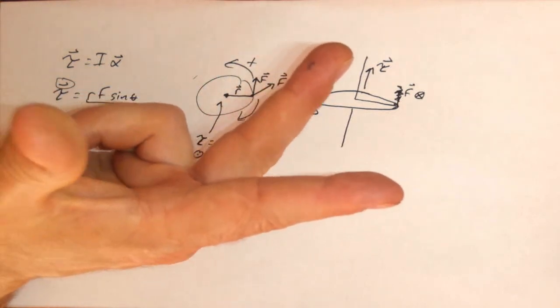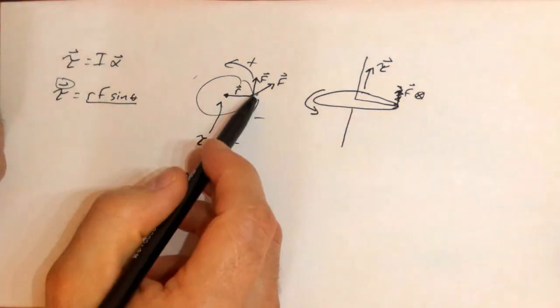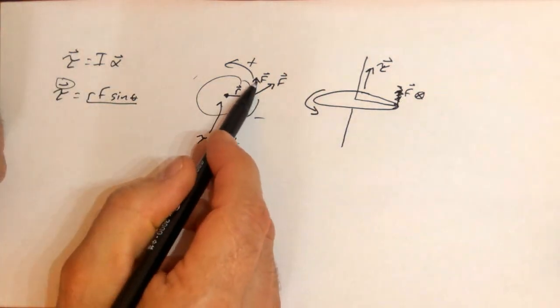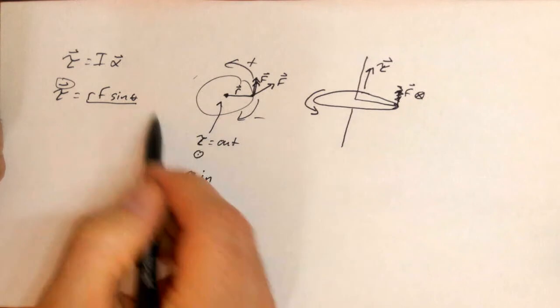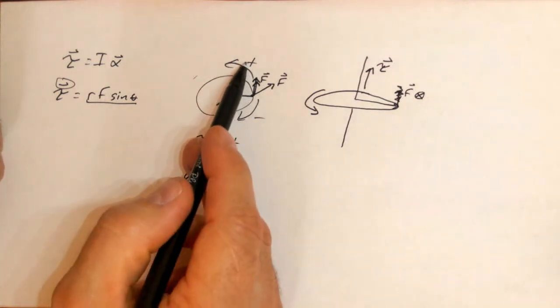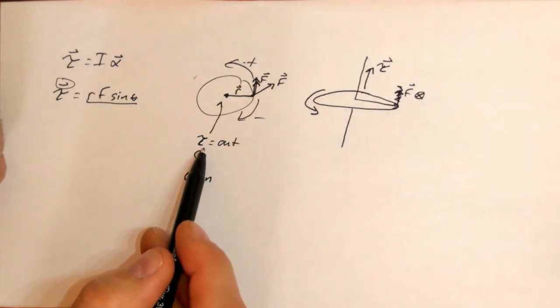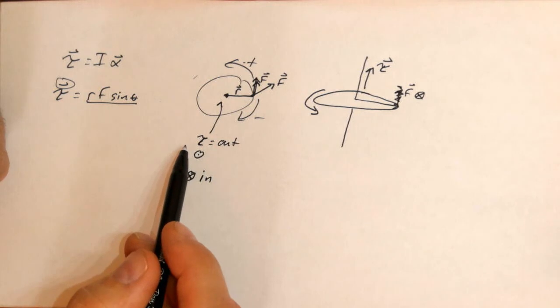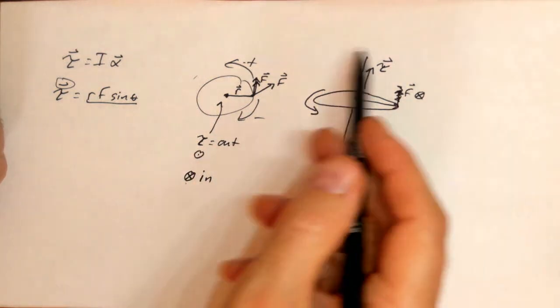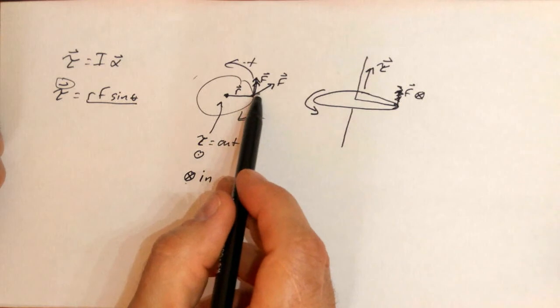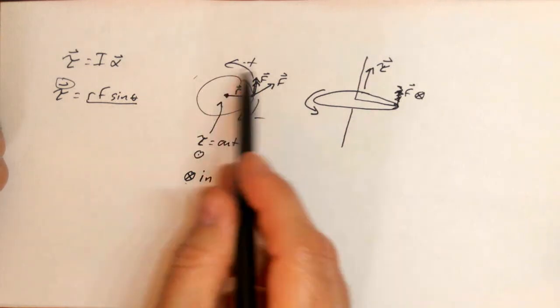My thumb is still constrained to point out, which makes sense. If that was my force, it would have a component this way, which would still cause it to rotate this way, which we call the positive direction. And so my torque would still be out in that case. Okay? So it doesn't matter even if it's not 90 degrees, the right hand rule still works.